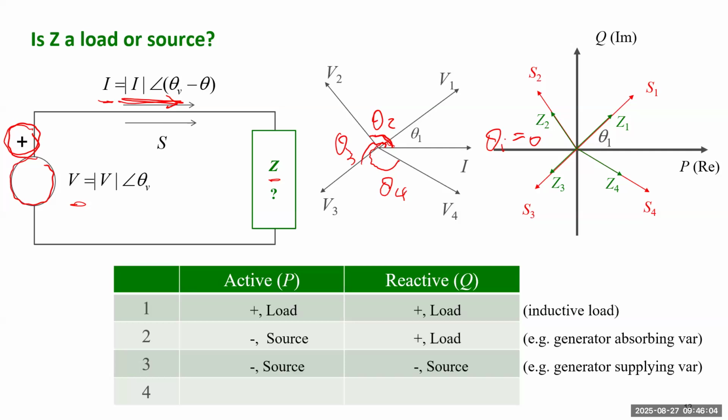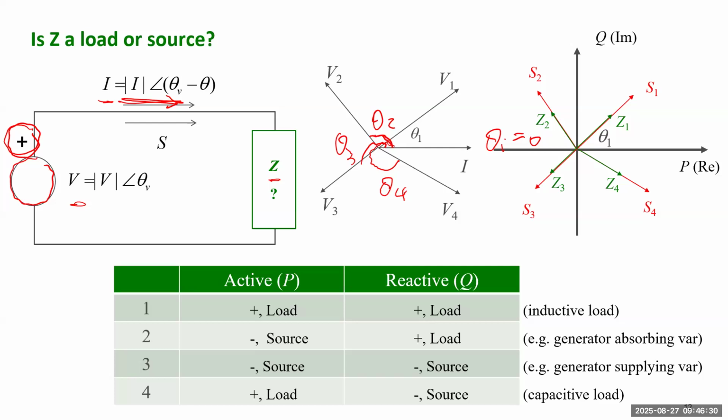Then based on this figure, you will know it's really an active load or reactive load or active source, reactive source. So let's summarize. The first case, both P and Q are positive. So this device is a load in both active power and reactive power. It consumes real energy, and also consumes some reactive power. The second will be an active source, but a reactive load. Third will be an active source and reactive source.